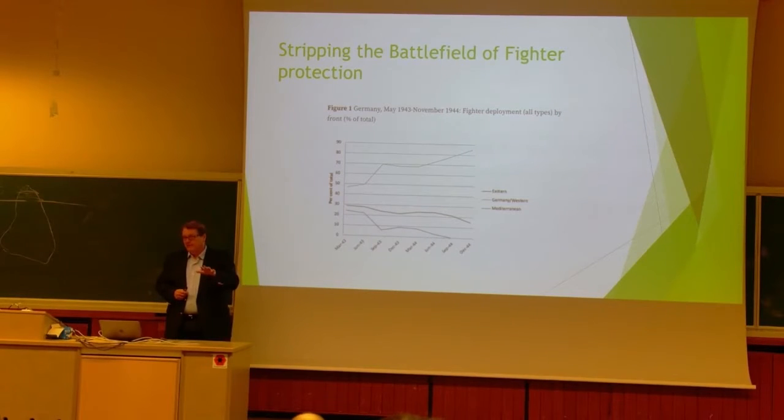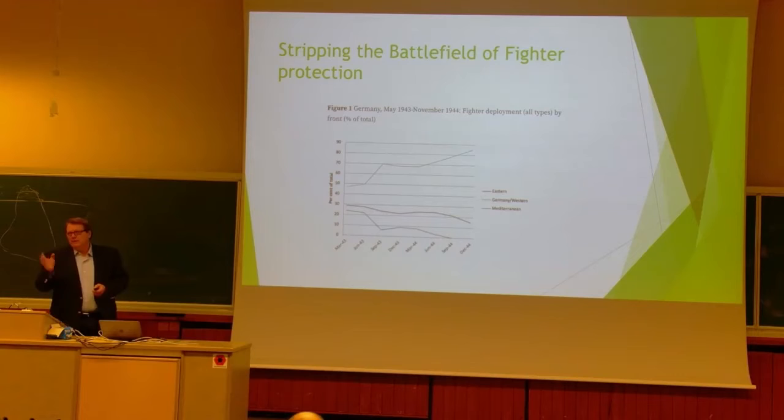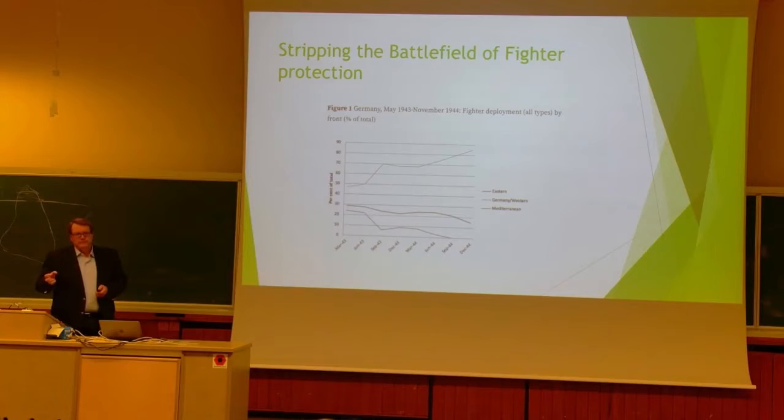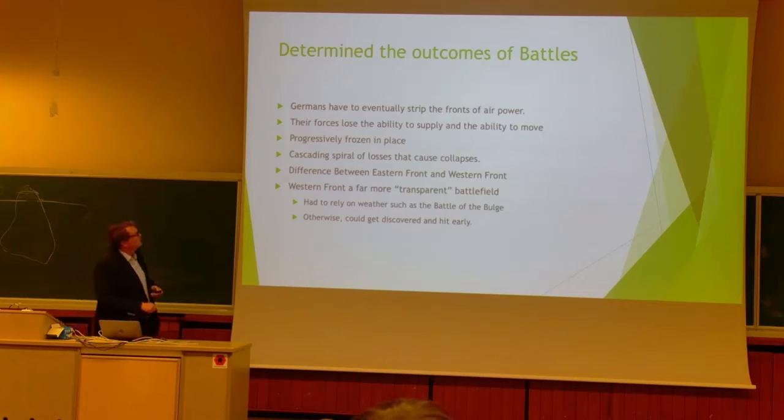It cannot fight with contested air at any time after the summer of 1943. Kursk is maybe the last time they get it. They contest air power, but after that, that's it, because they don't have any fighters on the Eastern Front. And even those fighters they deploy to the Eastern Front have the deployment problems I talked about. They're often not functional. So going back to that, it determines the outcome of the war.